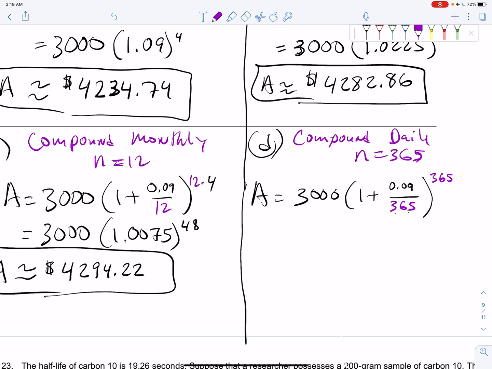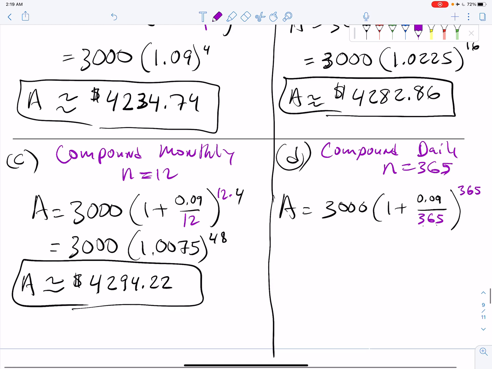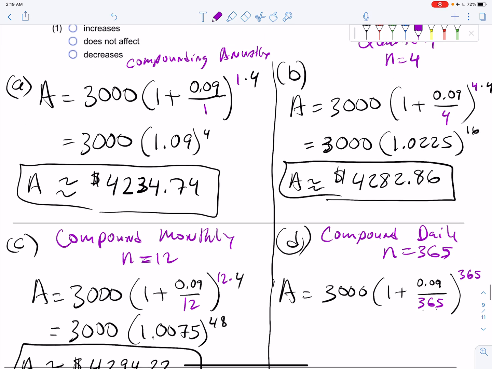But we take that 9% and divide it into 365 little pieces. It still ends up being more than if you don't do that. So if you compound more, you're going to get more money. But our first one was compounded once every year.